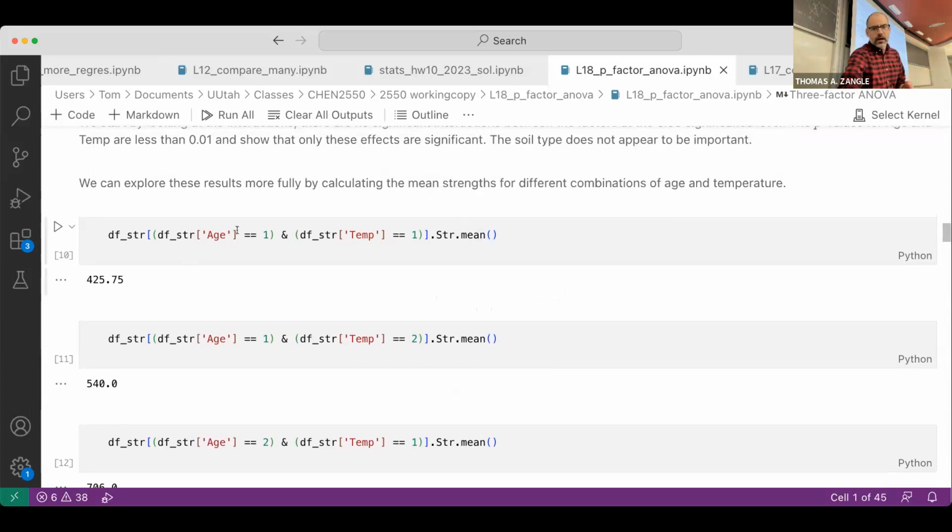If age is 1 and temperature is 1, we saw a mean strength of 425 or 426. For age 1 and temperature 2, we see an increase in that strength.